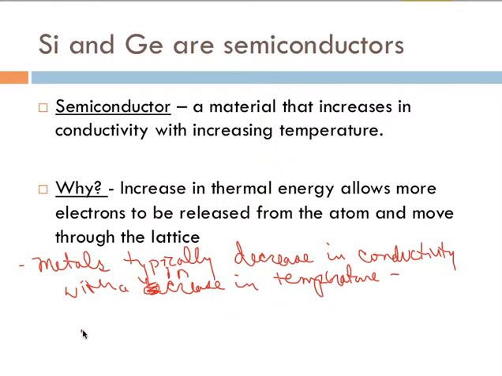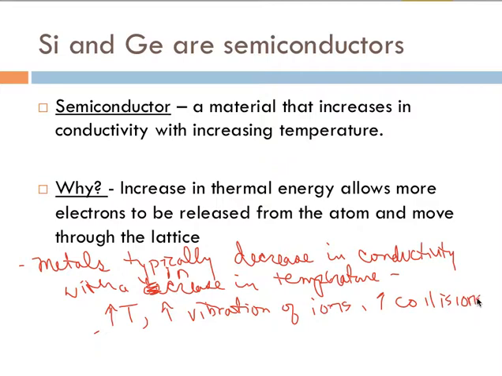And the reason for this is that with that increase in temperature, you get an increase in the vibrations of the ions in the structure. So this causes an increase in the collisions between the ions and the electrons.